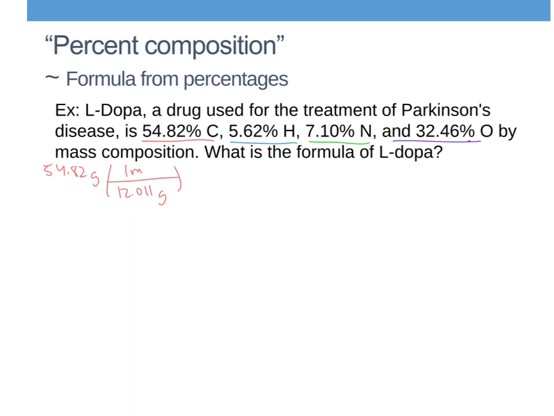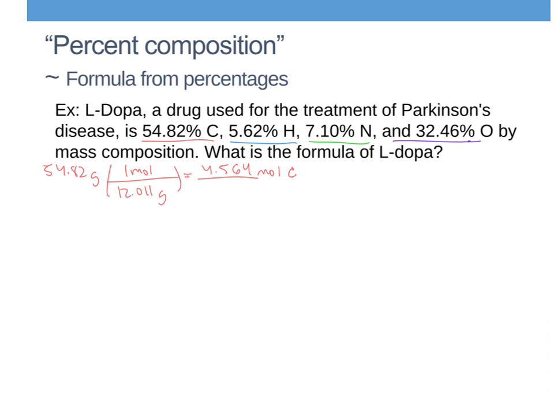Remember, I'm keeping all of the numbers for the atomic mass. I'm not getting rid of anything in these molar masses. If you multiply those out, we get 4.564 moles of carbon.